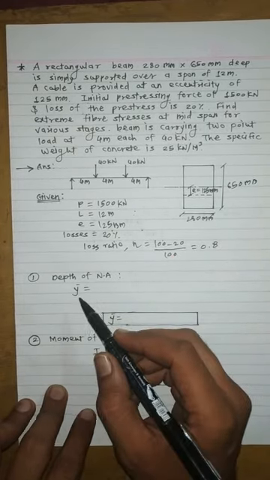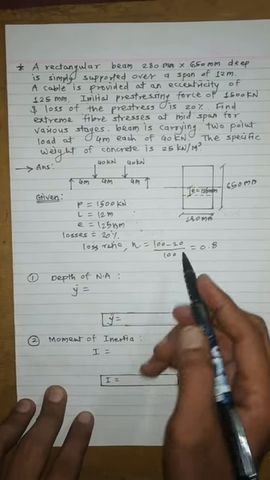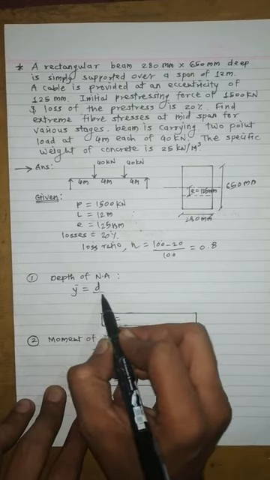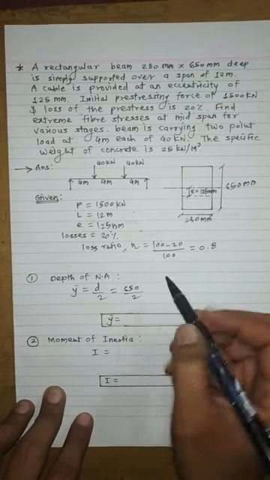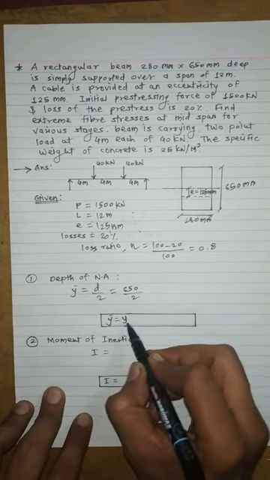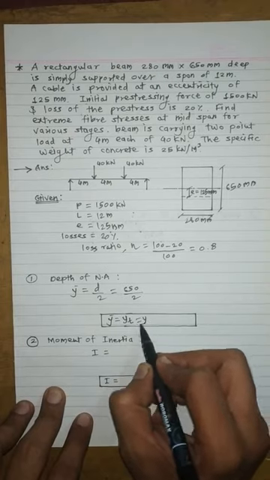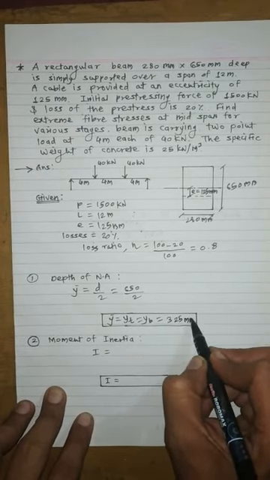So let's start the solution. Step number 1, depth of neutral axis. For rectangular section, y bar is equal to d by 2. So here d equal to 650 divided by 2, which is equal to 325. For symmetrical section, y bar is equal to yt equal to yb equal to 325 mm.